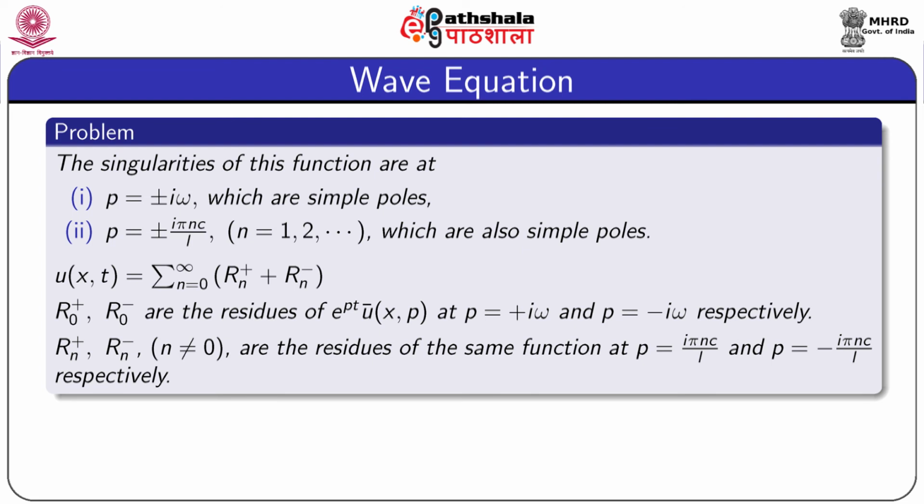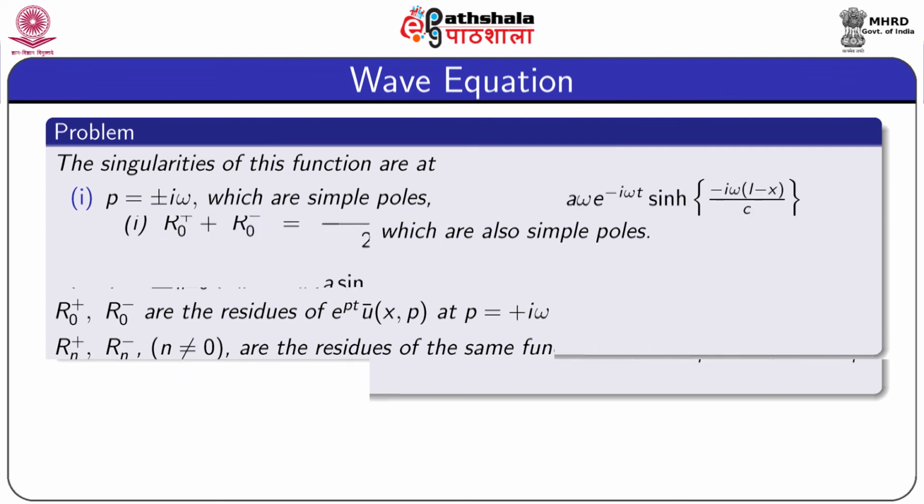Therefore, u(x,t) can be written as the sum of the residues at these simple poles. We have denoted the residues in this form, where R0 plus and R0 minus are the residues of e to the power pt u bar at p equals i omega and p equals minus i omega respectively, whereas Rn plus and Rn minus, where n is not equal to 0, are the residues of the same function at p equals i pi n c by L and p equals minus i pi n c by L respectively.